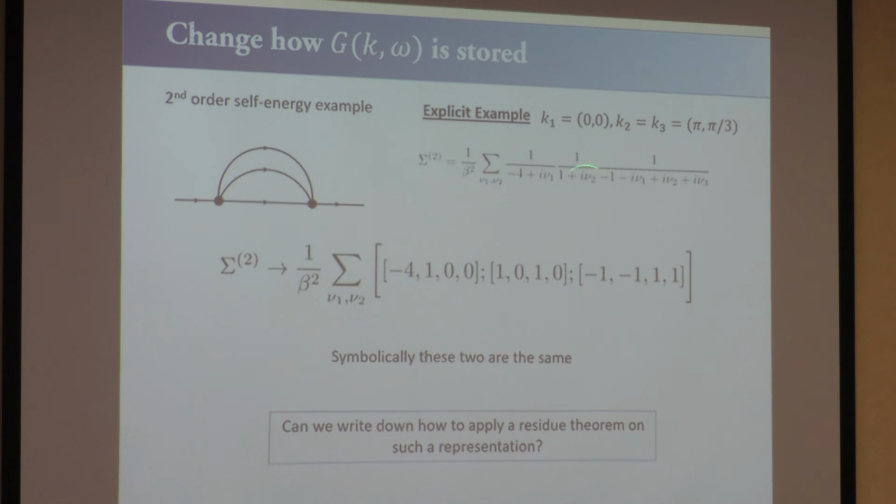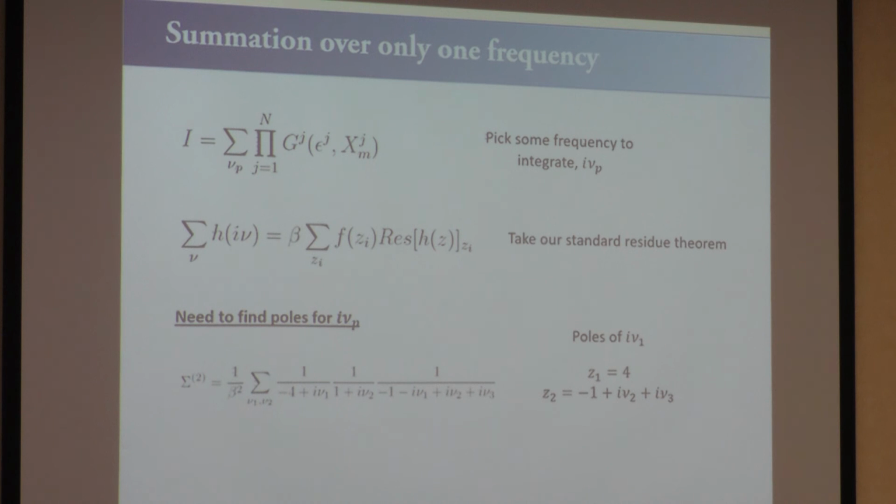Symbolically, these two equations are the same now, because we can look at this set of numbers and I can construct that equation. So can we write down how to apply a residue theorem in such a case? We have some function to which we want to apply the residue theorem, so some Fermi functions come out, and we can write down a set of poles.